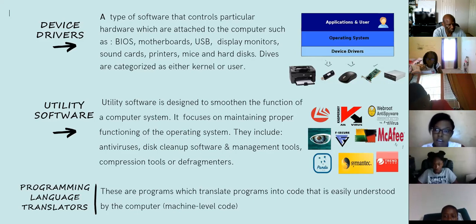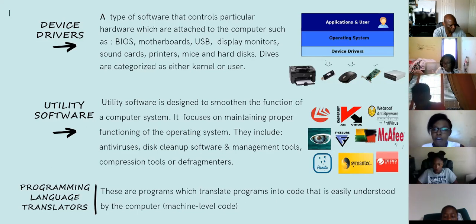That is an example of utility software. Basically these kinds of software enable you to maintain your computer in tip-top shape. They maintain the safety of the computer and the proper functioning of other devices. That is what utility software is all about.